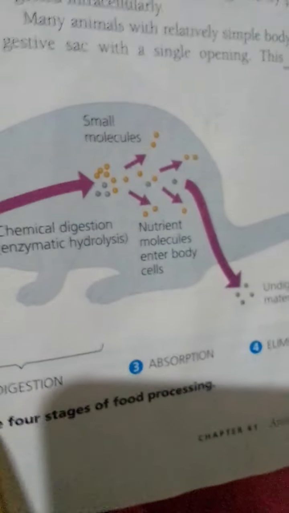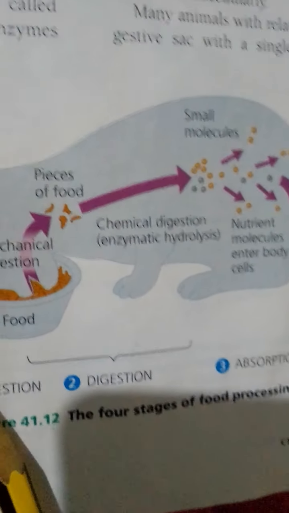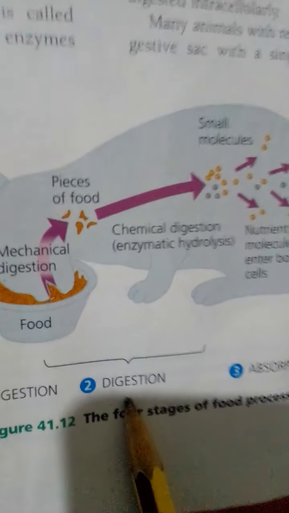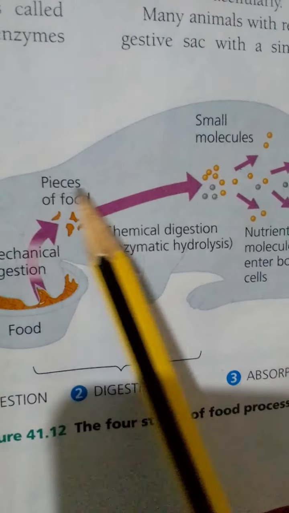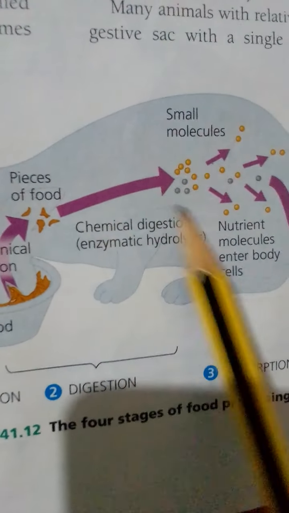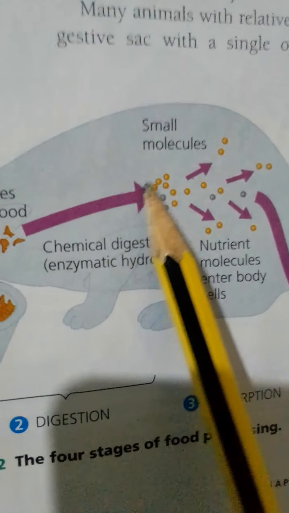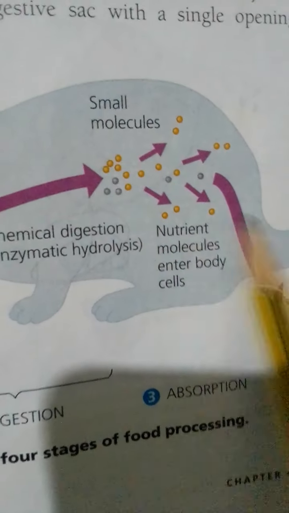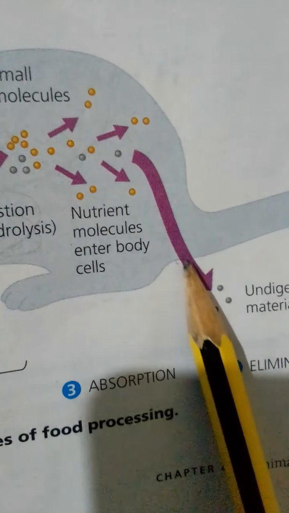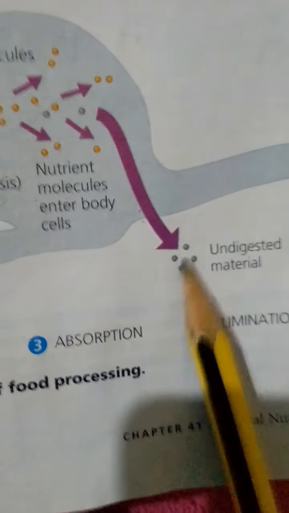Notice the four stages of food processing. First one, ingestion, the food. Digestion, mechanical digestion, pieces of food. Chemical digestion, enzymatic hydrolysis, small molecules. This is absorption, and nutrient molecules enter the body cells. The last is undigested material, which is elimination.